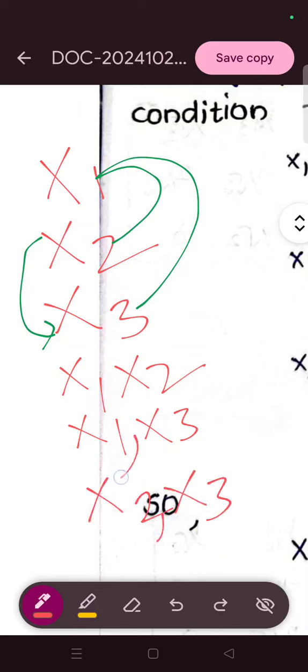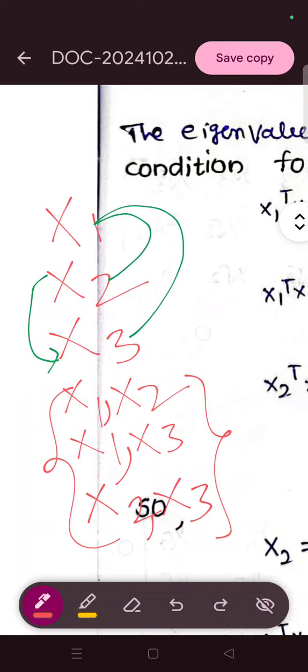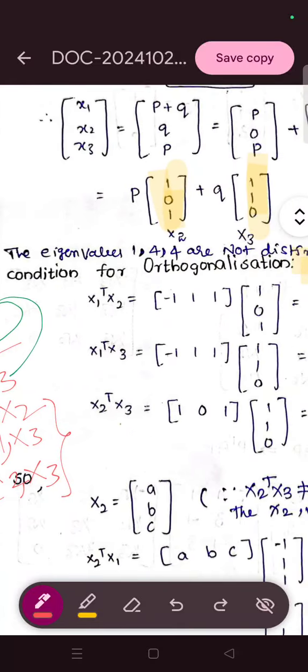Then x1, x2, x3 are orthogonal to each other. Here x1 is minus 1 1 1, x2 is 1 0 1 and x3 is 1 1 0.